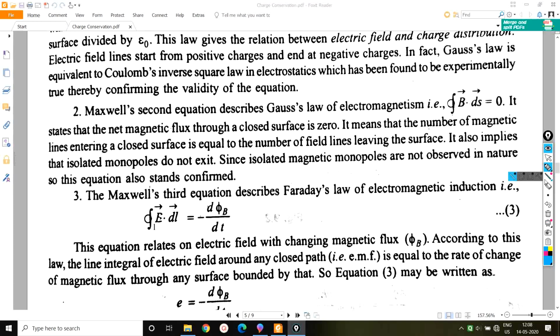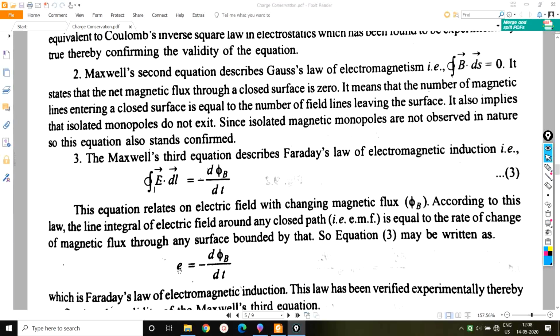You also learned that the induced EMF E is equal to the negative time rate of change of magnetic flux. Here phi_E represents magnetic flux. Now you will see that in equation 3 it is written as the line integration of E dot dl equals minus d phi_B by dt. What does this line integration of E dot dl represent?